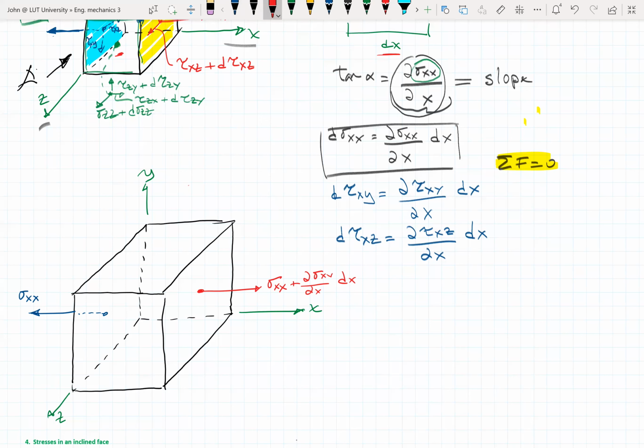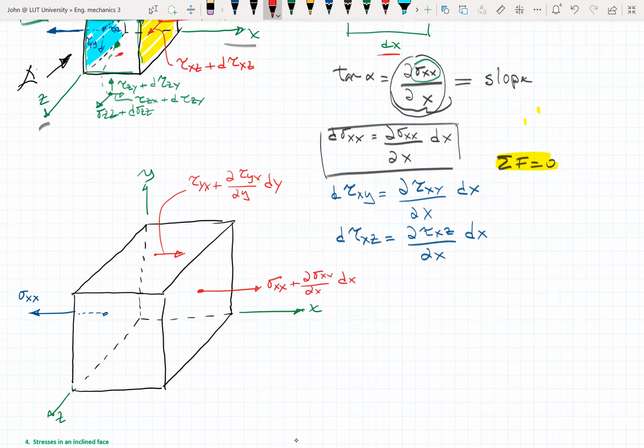I will also have, on the top face, a vector, and let me write it away from the face: tau yx plus an increment, and that increment is partial of tau yx divided by partial of y times dy.